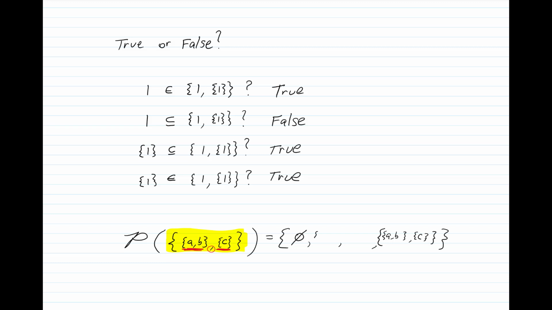How about the set consisting of the first element, which is the set consisting of A and B? And how about the set consisting of the second element, which is the set containing, let's see. So that's kind of a harder question.